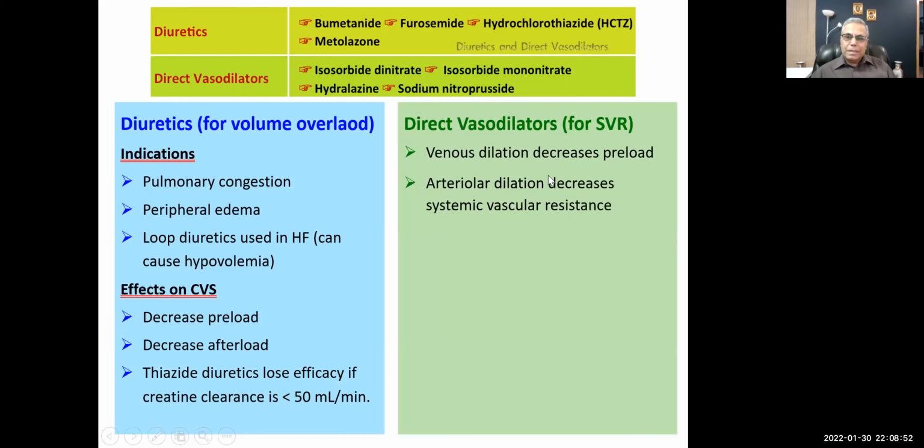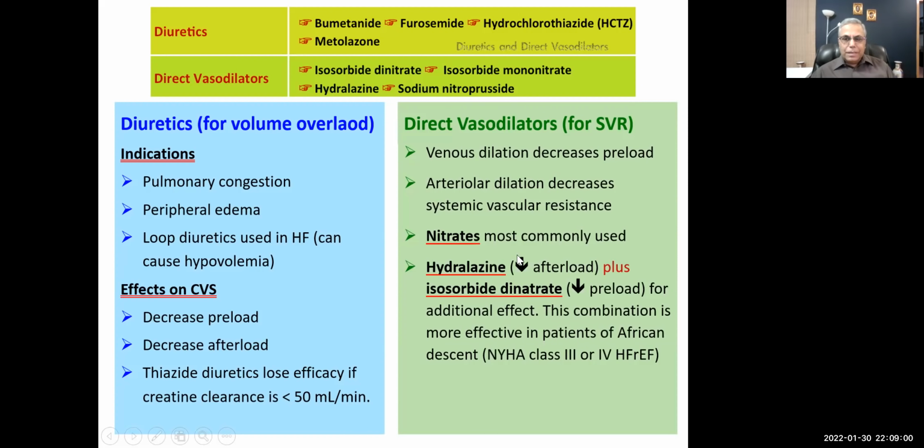Then venous dilation decreases preload, and arteriolar dilation decreases systemic vascular resistance. Nitrates are most commonly used. Hydralazine in combination with nitrates is also used. You know, hydralazine decreases afterload, plus isosorbide dinitrate decreases preload for additional effect.